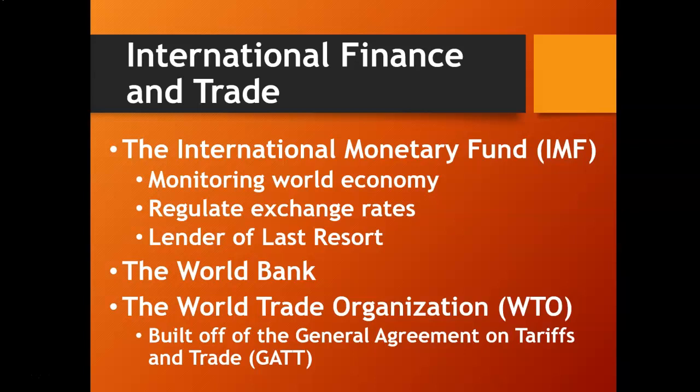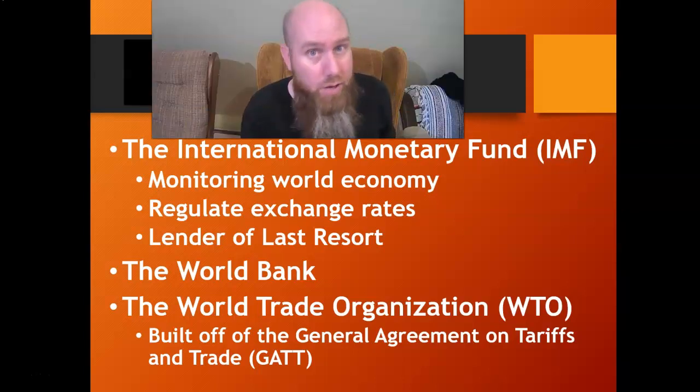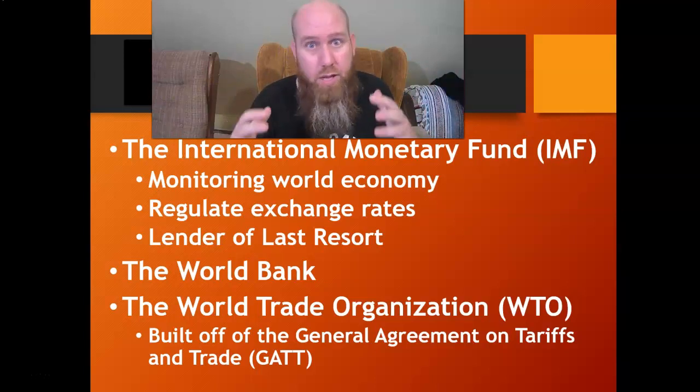The organization itself is a forum for countries to negotiate trade agreements individually as well as in groups. And the WTO, if the majority of its countries vote on it, can put economic sanctions on a country that's breaking the rules. So if it is found out that one of the countries is selling things that are made with slave labor, a case can be brought, they can debate it, and then they can take a vote.